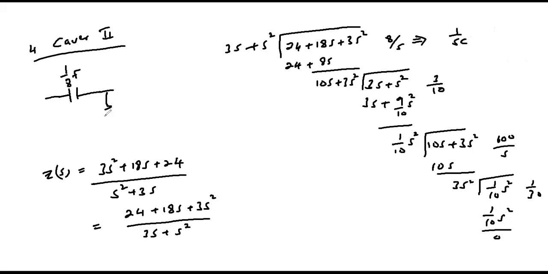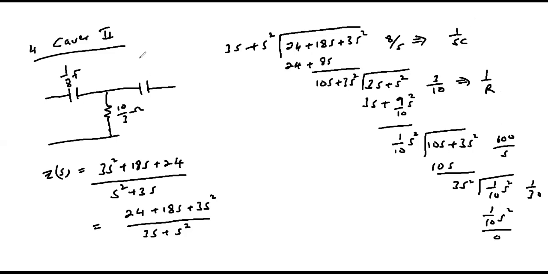Next, we have a resistor in parallel. So we compare this with admittance due to a resistor, which is 1 over R. And if 1 over R is 3 over 10, then R is 10 over 3 ohms. Next, we have a capacitor, 100 over S compared to 1 over SC.